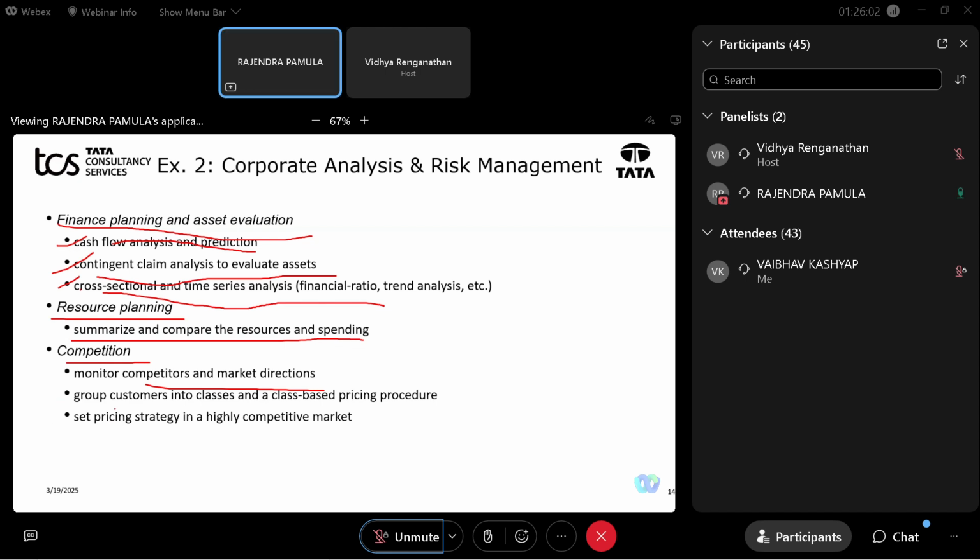Hope you understood. Group customers into classes, and use class-based pricing procedures to set price strategy in a highly competitive market.